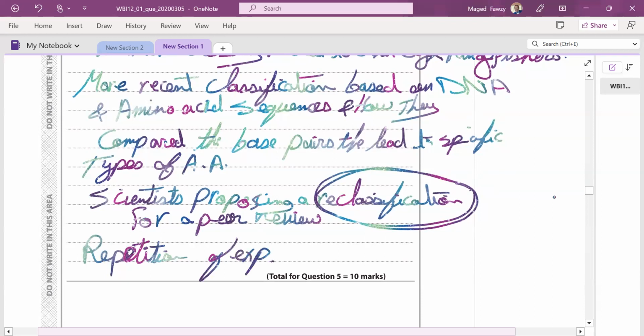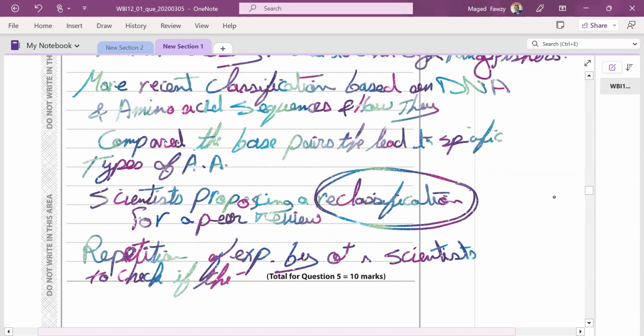Repetition of the experiment by other scientists to check if the same data has been collected.